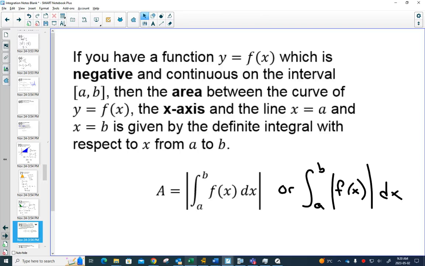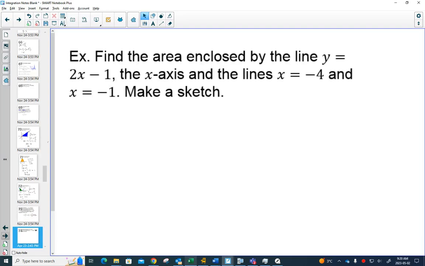Basically what you're going to do is if the question says, what's the area between the x-axis and these lines, well, whatever is below, you are going to just get that answer to be negative and change it to positive in the end. So if we draw a sketch, we'll see what we're talking about here.